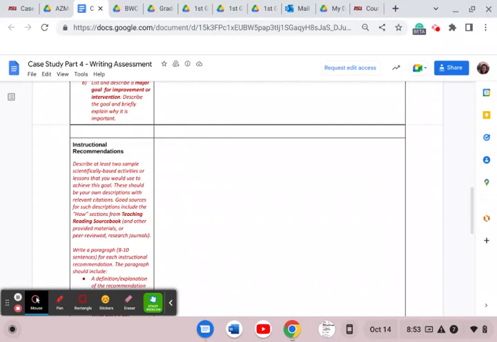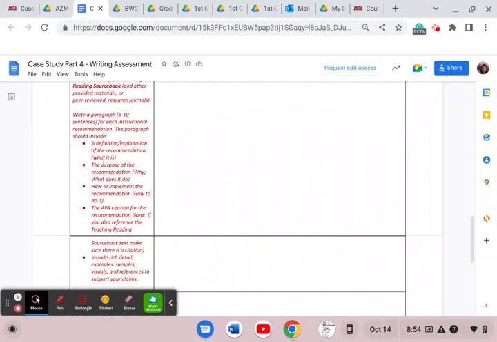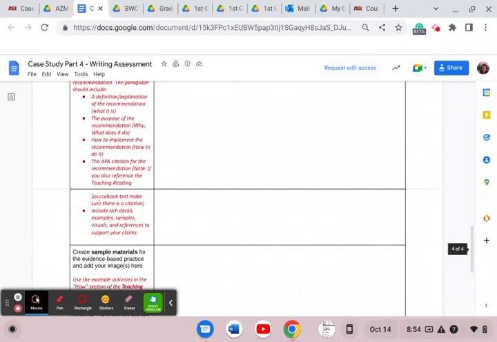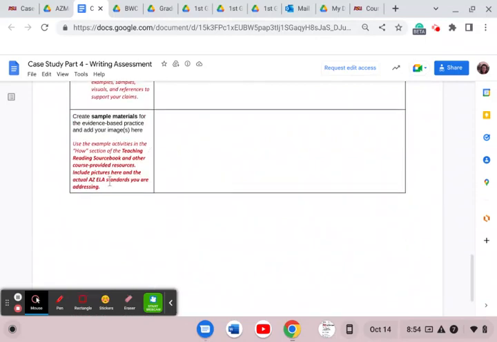Oh, we had a presentation on that. I can cite this source to fill in, and make sure that you're writing it in a paragraph form and you have all of these bullets in here. So you want to make sure your APA citation is in that recommendation, and then you bring in the sample materials and you want to bring in the standards, which is part of what you're looking at.